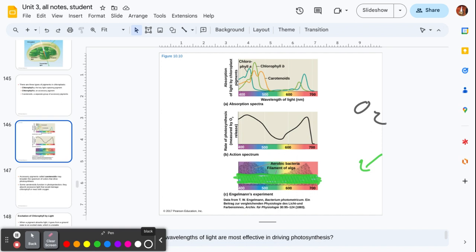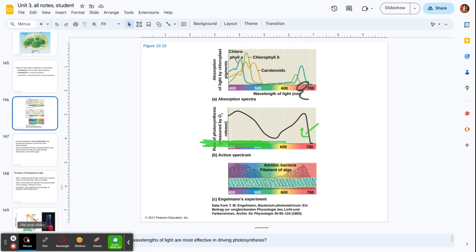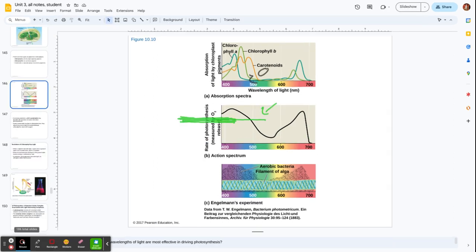Let's try it this way. All right. Let me clear that screen off for a second here. Come on. I don't know why it won't clear my screen. We'll do it the old-fashioned way. Okay.